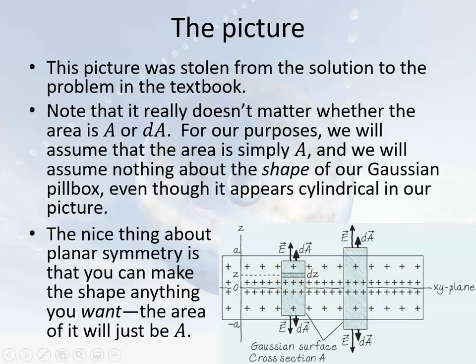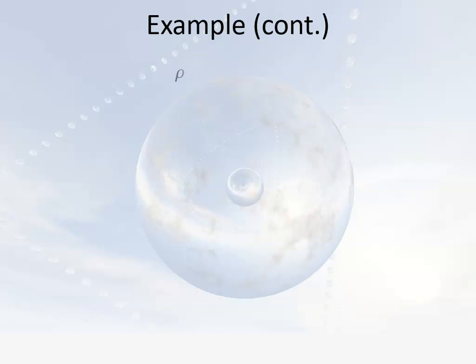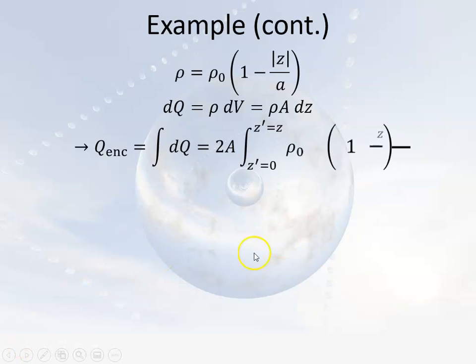So rho A dz. So there we go. Now we know what dq is. So the enclosed charge is equal to the sum of all of the little bitty dq's. And what we're going to do, instead of integrating from z prime equals negative z to positive z, we're going to go, as I mentioned before, from 0 to z and just multiply by 2. And exploit the fact that we have this symmetry about the xy plane.